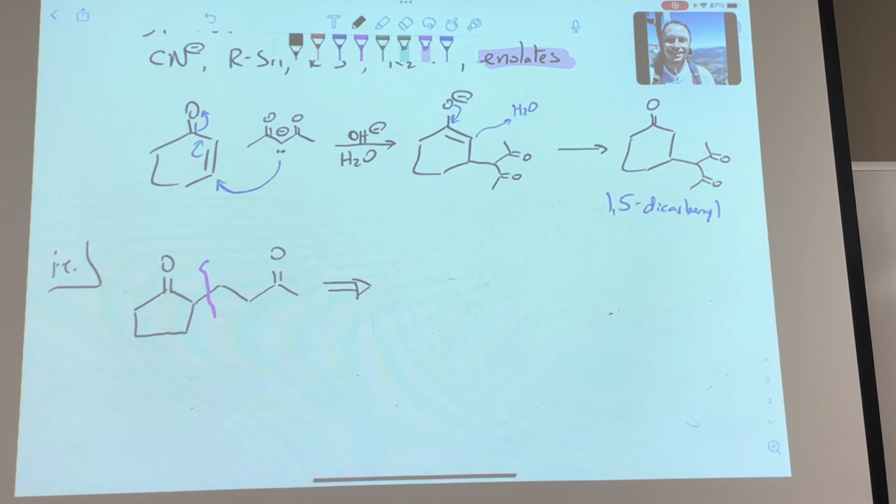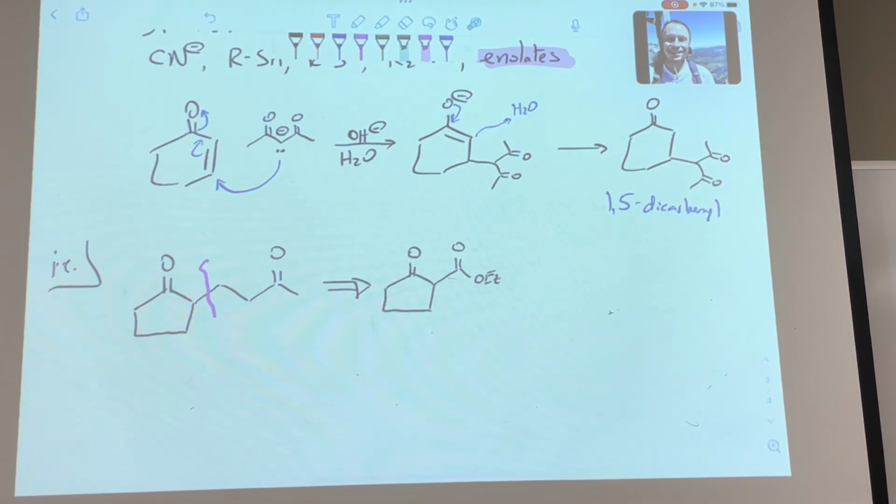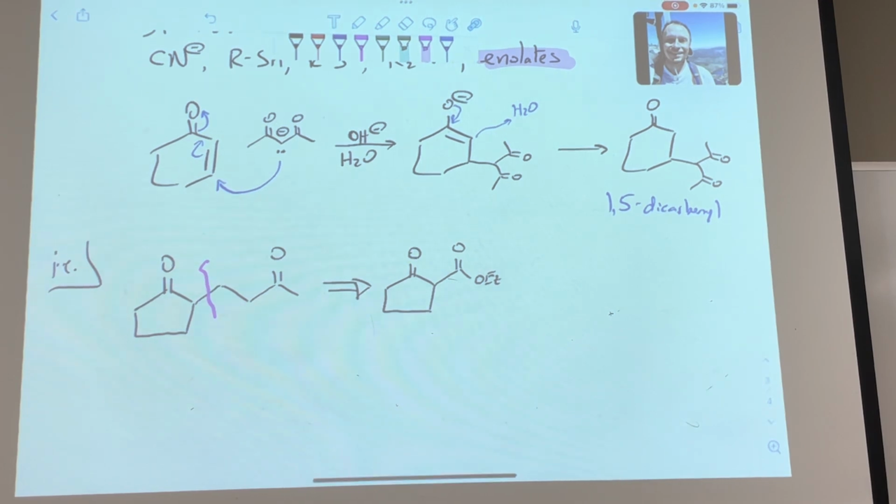So I could make a Michael donor, something like that. It's a 1,3-dicarbonyl or a beta-dicarbonyl, whatever you want to call it. So that's a viable Michael donor, because this has that ester group here adjacent to a ketone.